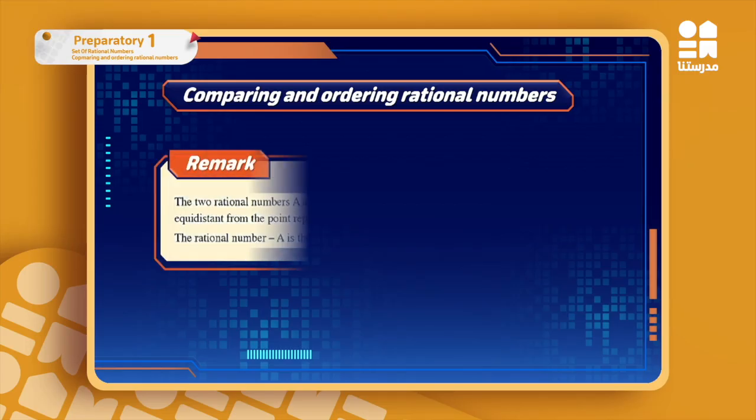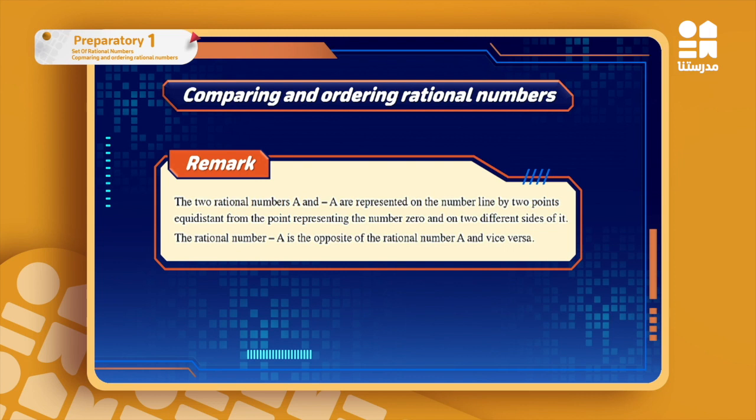Here, comparing and ordering rational numbers. Remark: the two rational numbers a and negative a are represented on a number line by 2 points equidistant from the point representing the number 0 and on two different sides of it. Negative a is the opposite of the rational number a and vice versa.